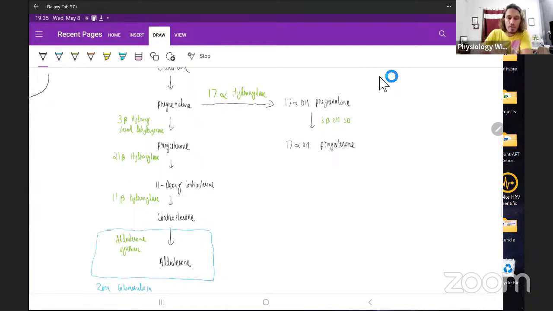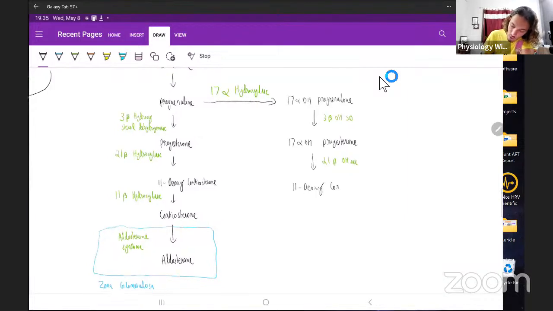Now onto this, if you put another 21 beta hydroxylase, it is going to give you 11-deoxycortisol.